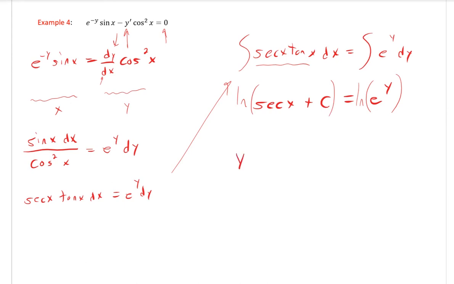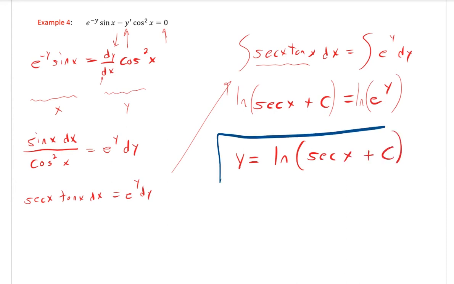And so we get y equals the natural log of secant x plus c. Note that the plus c, the constant, is inside of that natural log. I keep harping on this, but make sure you add the c the second you evaluate the integral. It may be influenced by other operations like it was here. But otherwise, that is it. That's all we need to do.